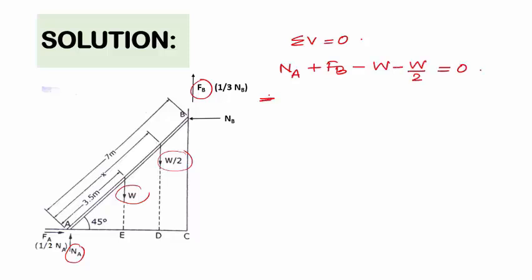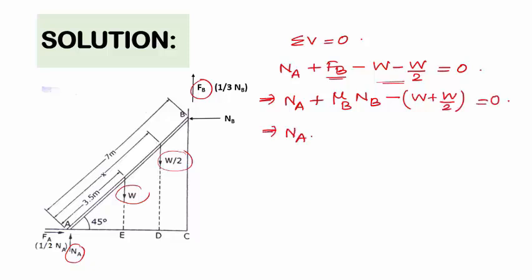This becomes NA plus, the frictional force component formula is mu into N, that is normal reaction, so FB is mu B into NB. By taking minus outside, this will be W plus W/2 is equal to 0. NA plus mu B, whose value is given in the problem as 1/3, NB minus 3W by 2 is equal to 0. We can keep this as equation 2.